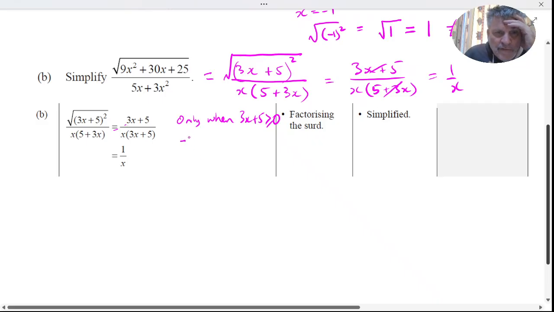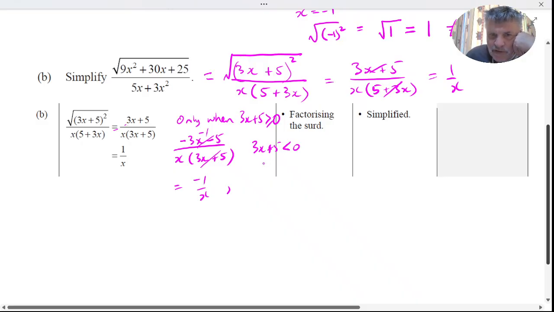You get negative 3x minus 5 over x times 3x plus 5 when x is less than 0. And then in this case, if you cancel that, you'll get a minus 1 here, so you get minus 1 over x for x less than 0. 3x plus 5 less than 0, which is, put the 5 over here, it's minus 5, so it's x less than negative 5 over 3.